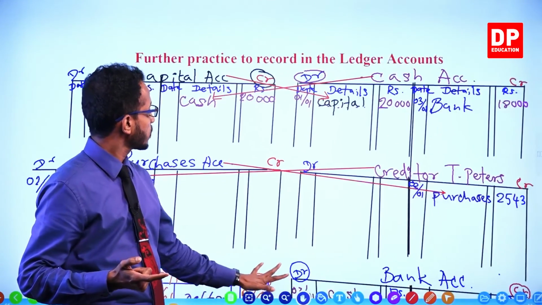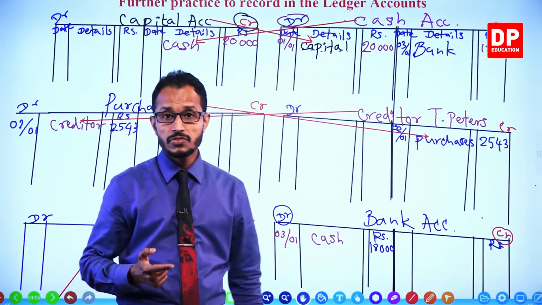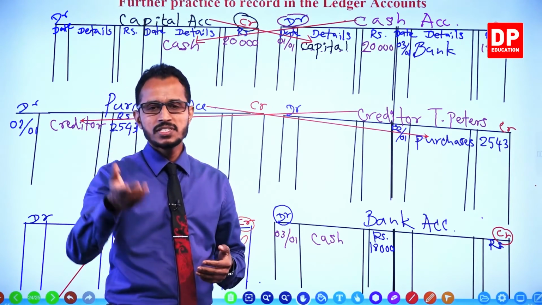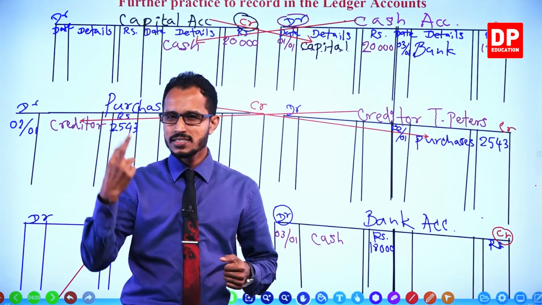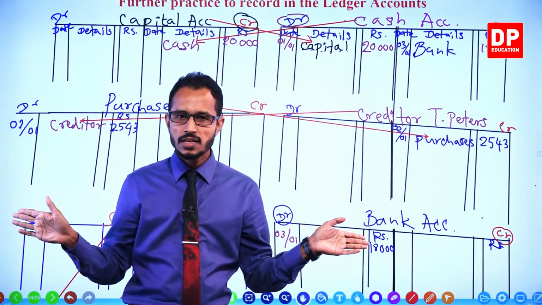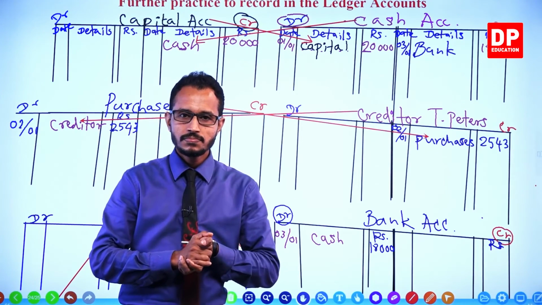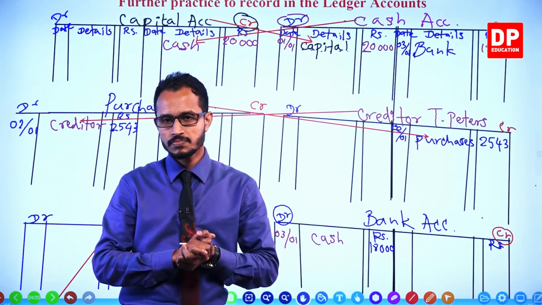We have done a lot. We have a lot of accounts, right? Yeah. In the coming sessions, we will get more exercises to record more double entries, debits and credits. I hope you understood. I hope you enjoyed the work today.